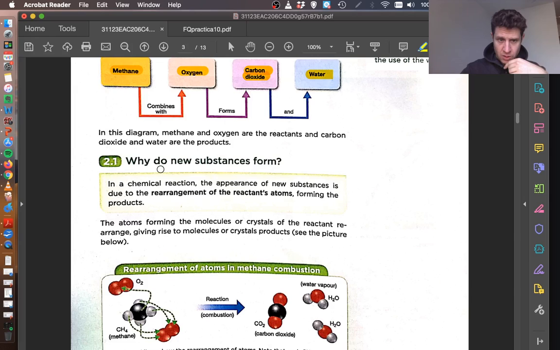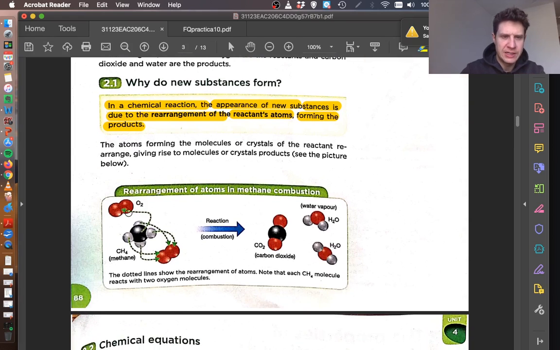So, why do new substances form? How are these substances formed? In a chemical reaction, the appearance of new substances is due to the rearrangement of the reactants' atoms forming the products.